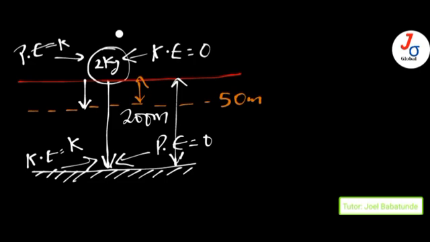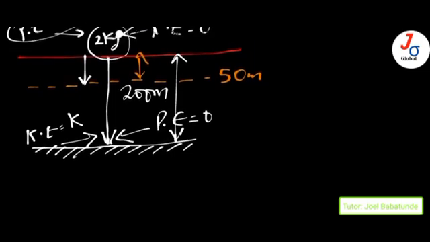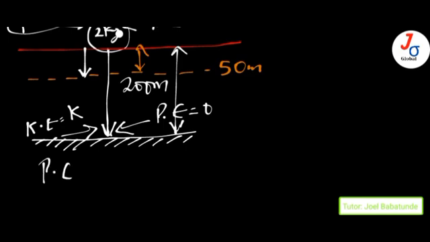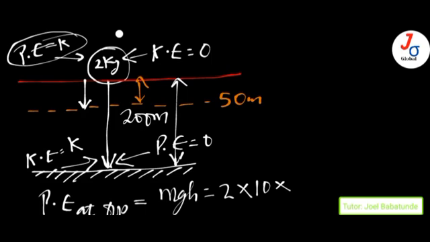Now, can we calculate the potential energy at the top? Can we calculate this K? Yes, of course we can. The potential energy at the top is equal to mgh, and the mass is 2 multiplied by acceleration due to gravity 10, then the height, 200 meters.